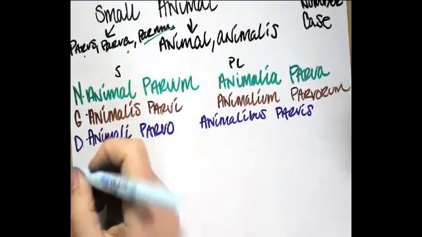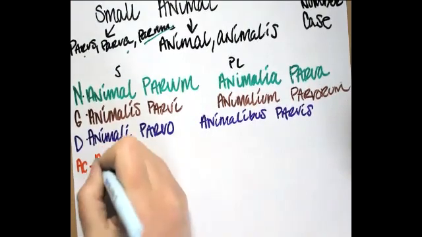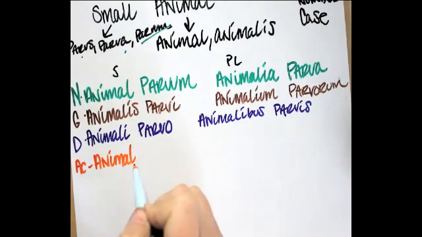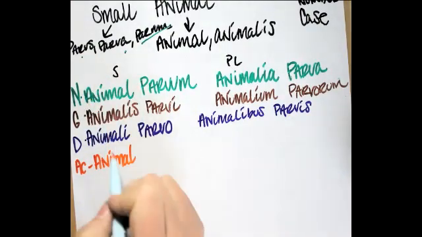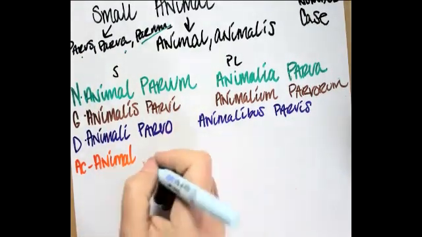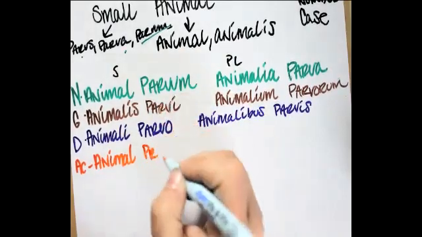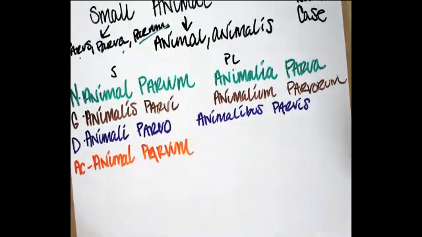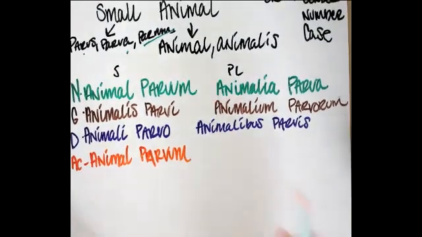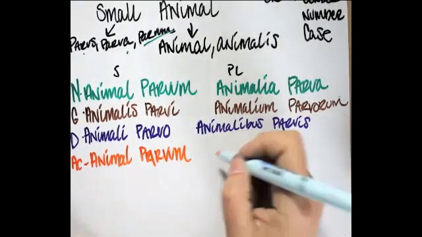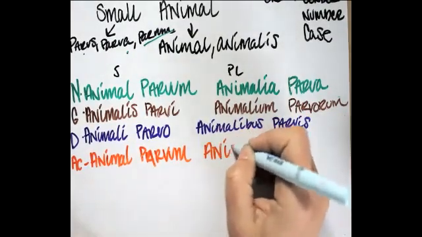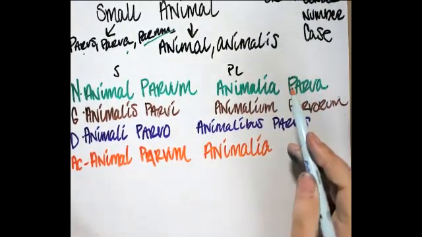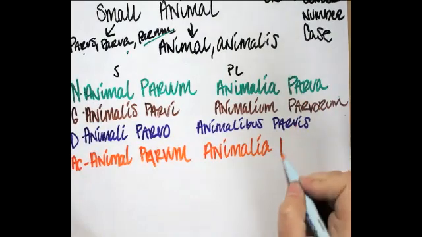In our accusative, animal, because neuter repeats its nominative form in its accusative, animal, and then parvum. And then in our plural, animalia, repeats again, and repeats in the second declension as well, parva.